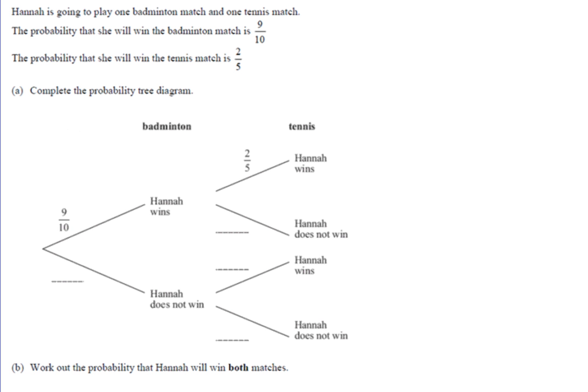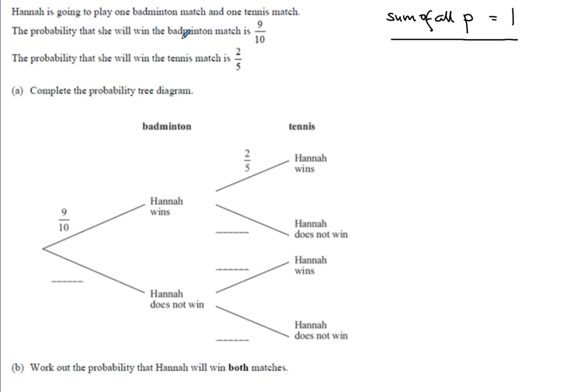Okay, so let's look at the question. Hannah is going to play one badminton match and one tennis match. The probability she wins a badminton match is 9/10. So you know the sum of all probabilities equals 1. Okay, because she can either win or not win.